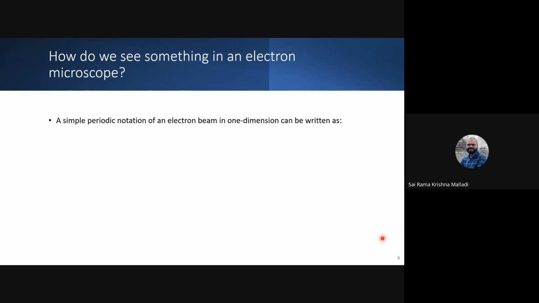So when I have a simple periodic electromagnetic wave interacting with an object, it has to either reflect or refract or get transmitted through. Correct? And when this interaction happens, I capture it with the help of a lens and it forms an image on either a screen or a detector or on your retina, and you start seeing the features.